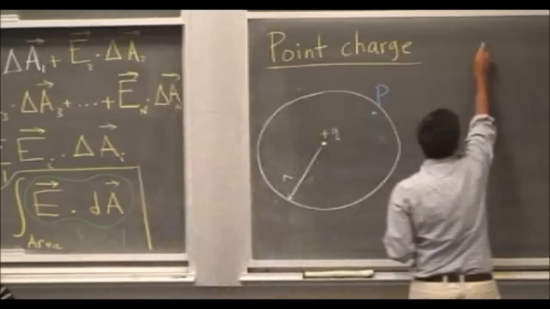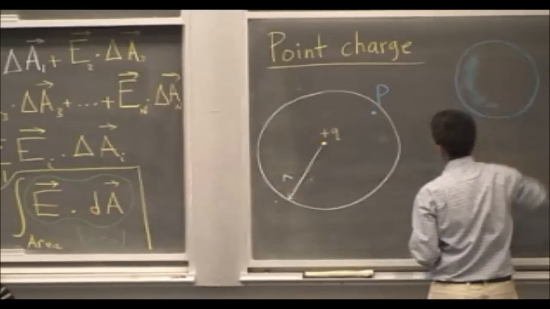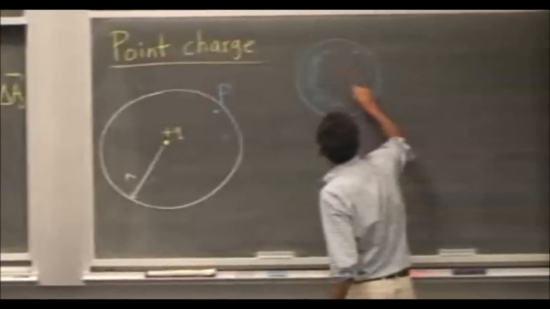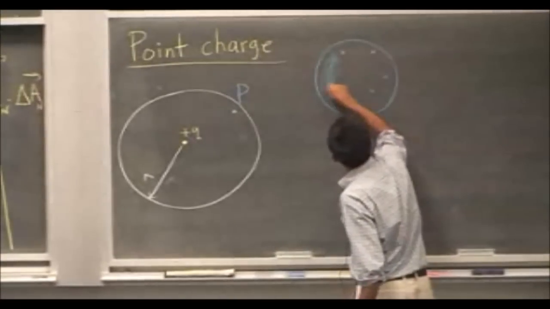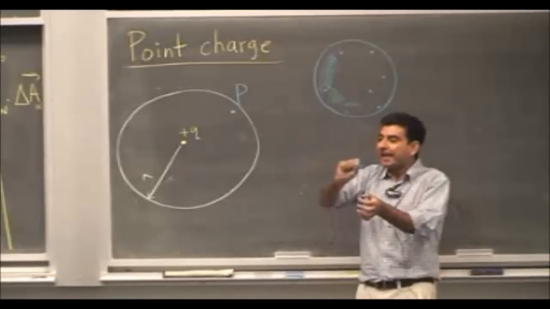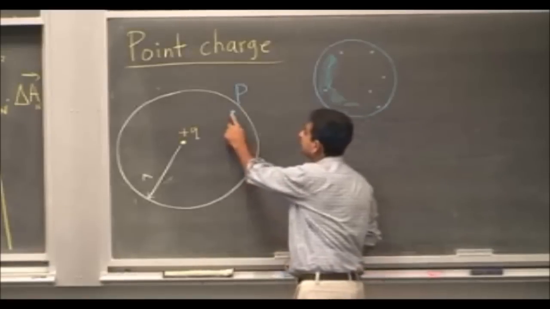So, if I draw a sphere, this is a sphere, a ball. There are different points on the surface, and all of these points are equidistant from the center of the sphere. So, I have taken one such point P.